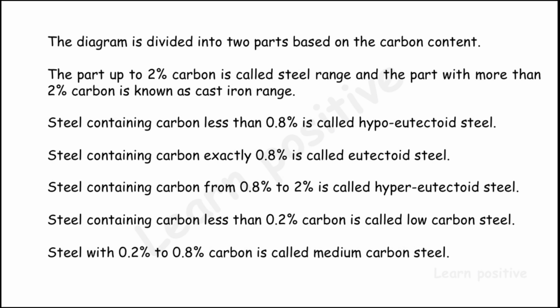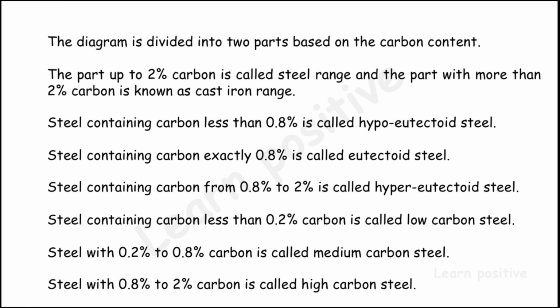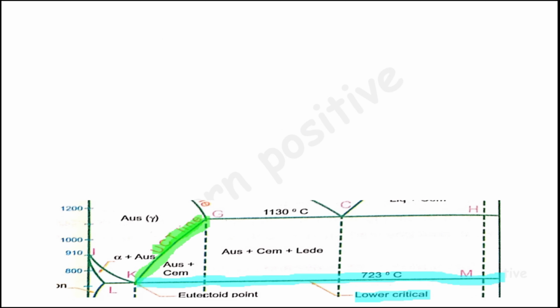These two steels are of the mild carbon steel type. And the next one has the percentage of 0.8 to 2 percent, which is the maximum percentage of carbon present in the steel. So it is said to be high carbon steel. When the carbon percentage is increased, the steel is otherwise called hypereutectoid steel. In the type of hypereutectoid steel we have high carbon steel.